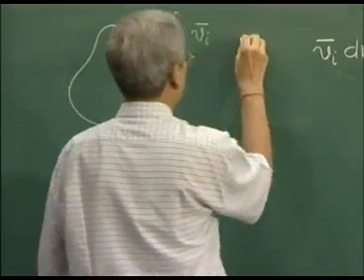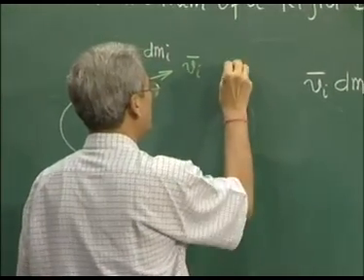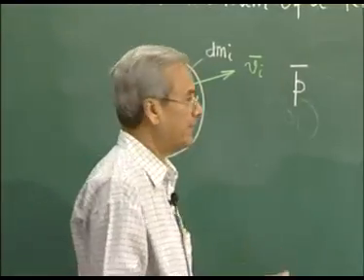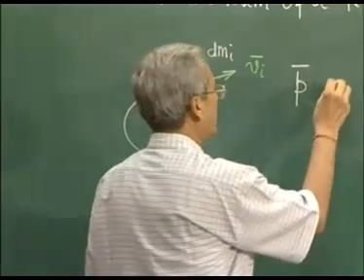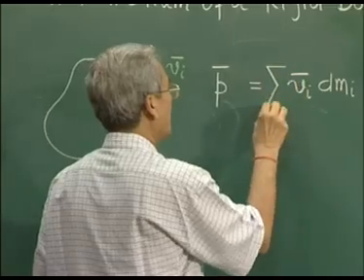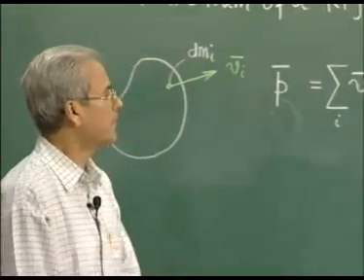So, if we use symbol p to represent linear momentum, of course it is a vector, we have to just sum it up for all the particles.